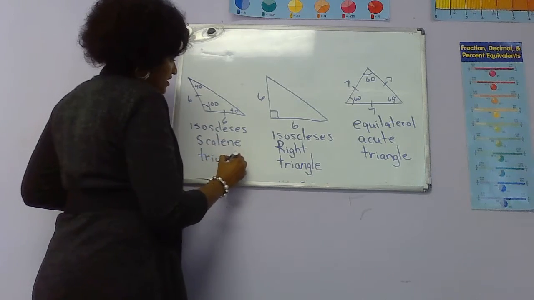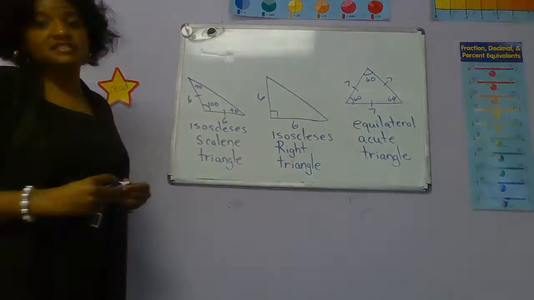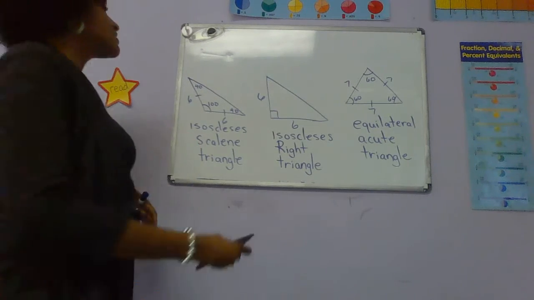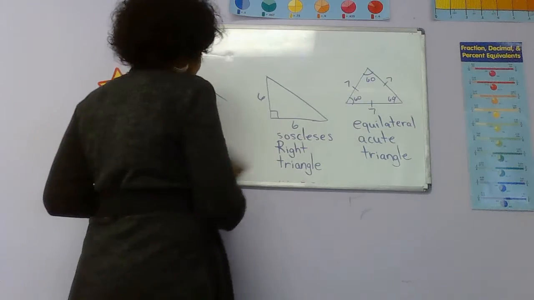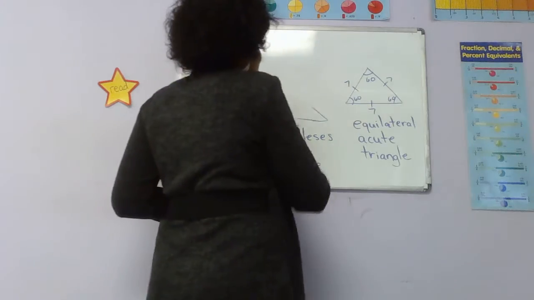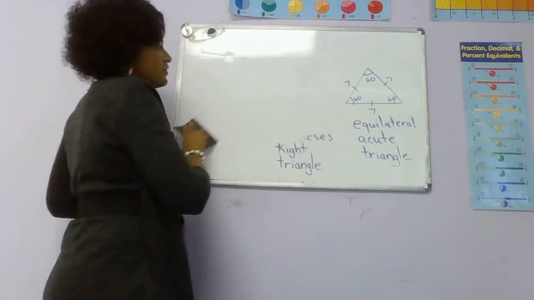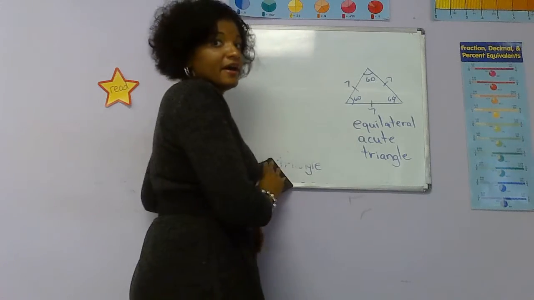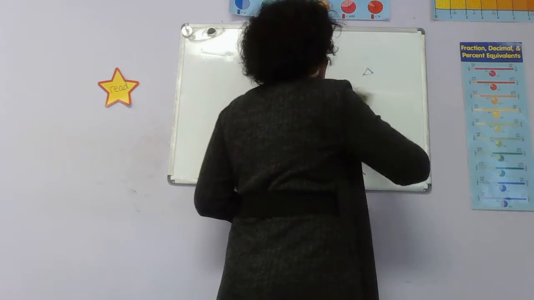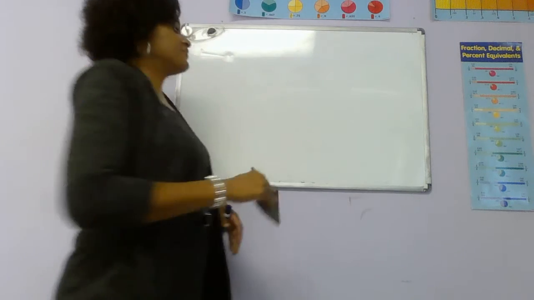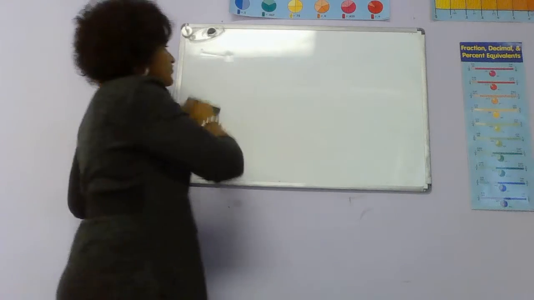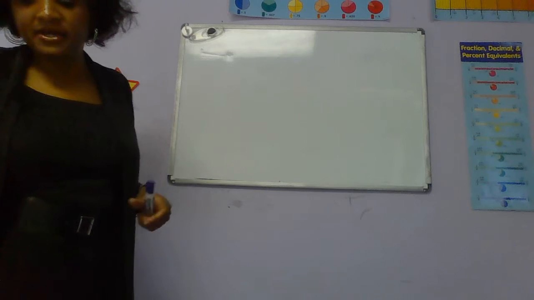So that's a possibility too. You can have isosceles and scalene together. So there are some mixtures that you can have with each other. There are some that are impossible, that you would not be able to have both at the same time. And we can talk about that as you get into fifth grade and higher math, but you can definitely have some overlap.